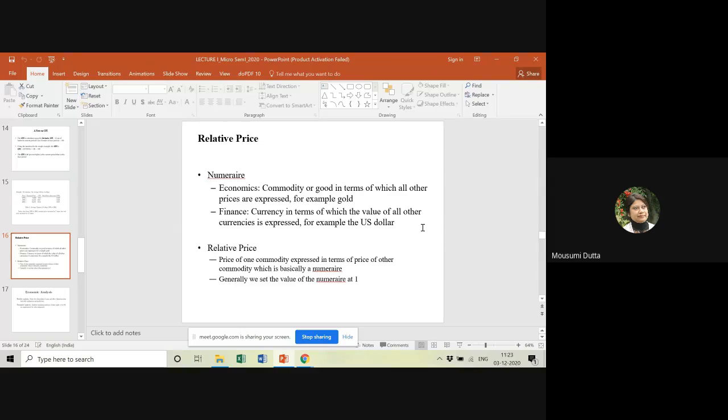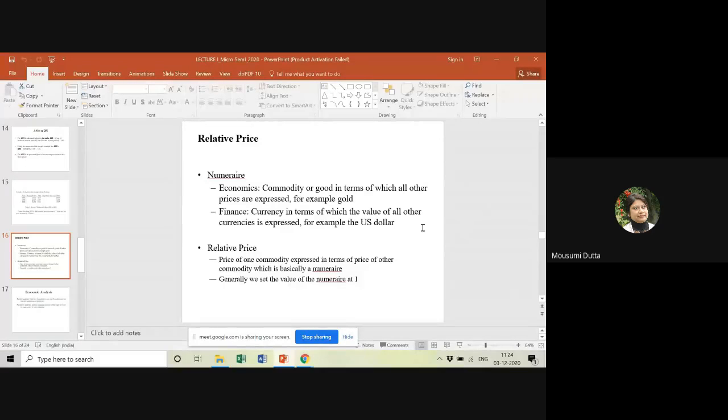So we present the price of X in terms of US dollar for the same commodity. This is the financial tool; currency is the financial tool, but generally we consider internationally accepted exchange rates.